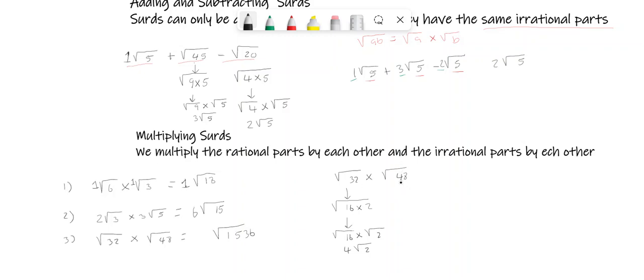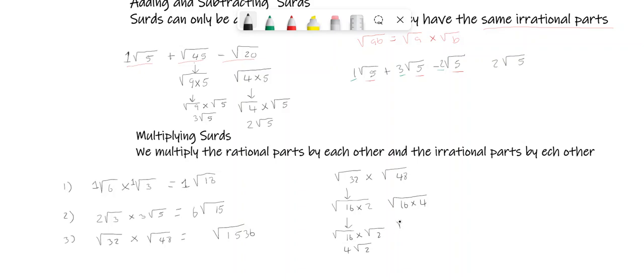And then we can do the same with this. If we take 16, for example, 16 multiplied by 3, 3 16s is 48.